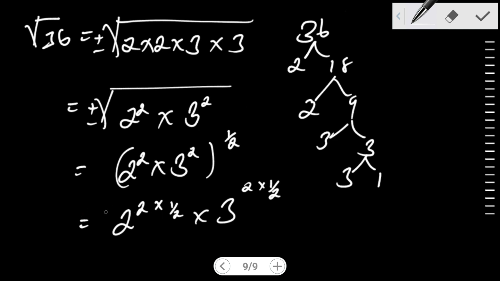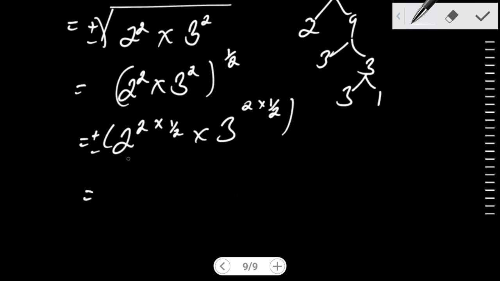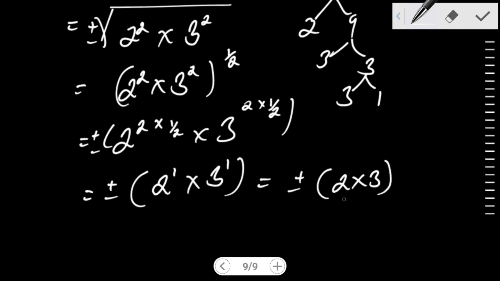So the whole of this is going to be positive or minus, 2 to the power 1 times 3 to the power 1, and therefore this would be equals to positive or minus 2 times 3, and this would be positive or minus 6 in this case, and therefore this is the square root of 36.